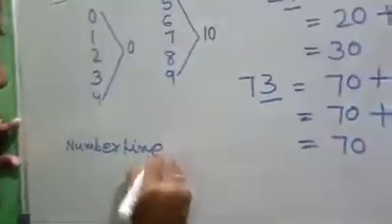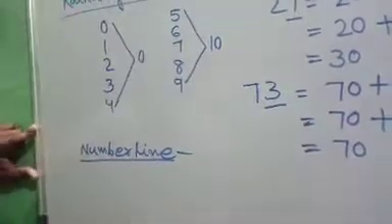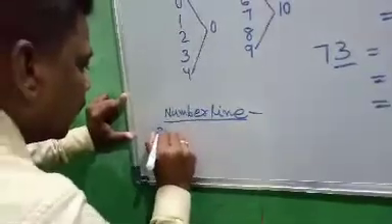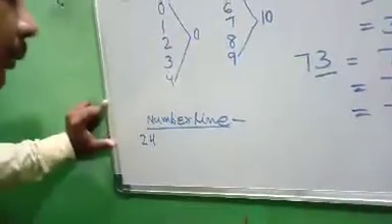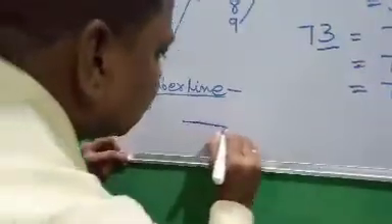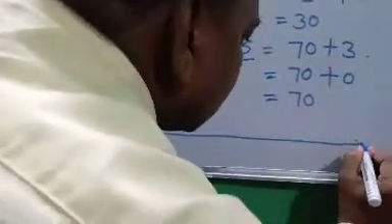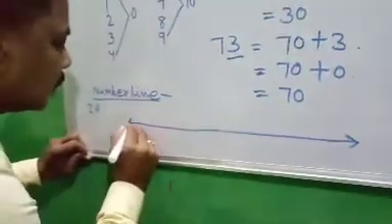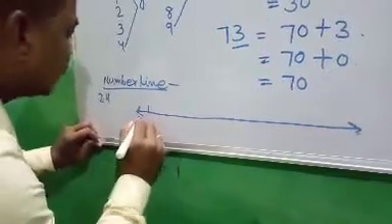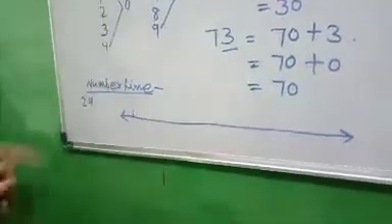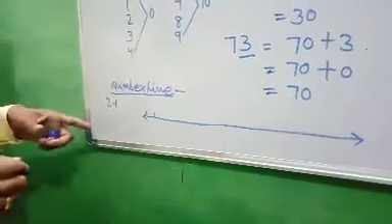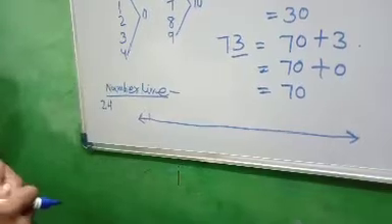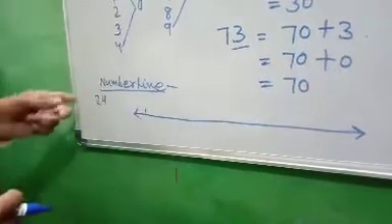Suppose the number is, I am taking 24, and I have to draw 24 on the number line. First, you look, 24 comes in between which numbers? 20 and 30.